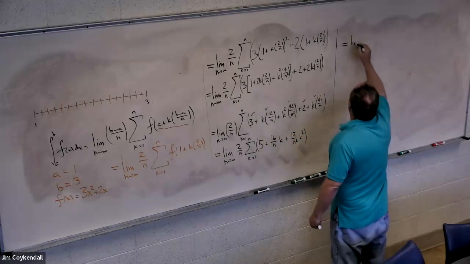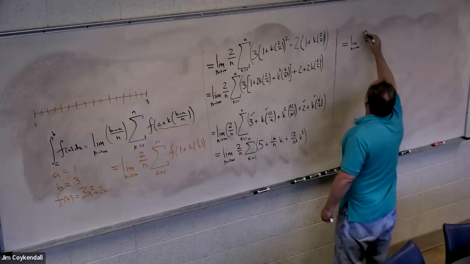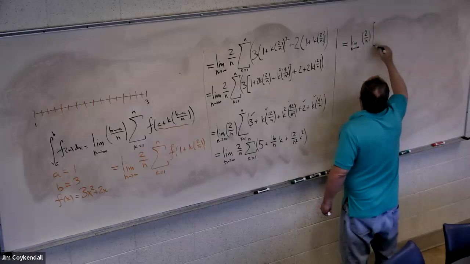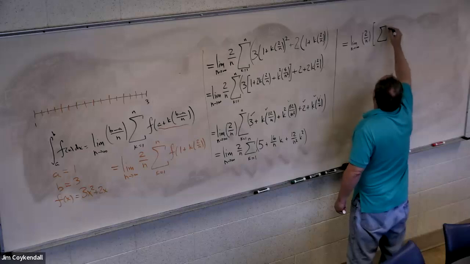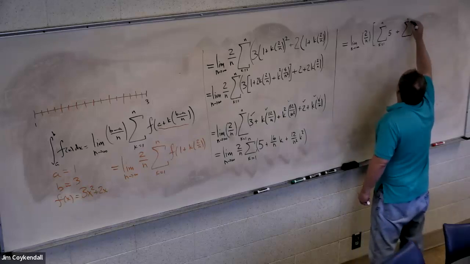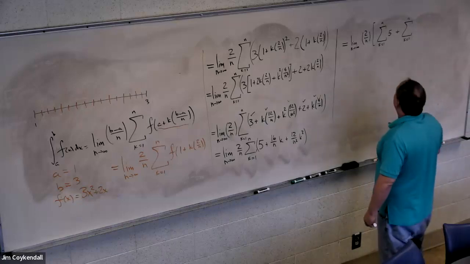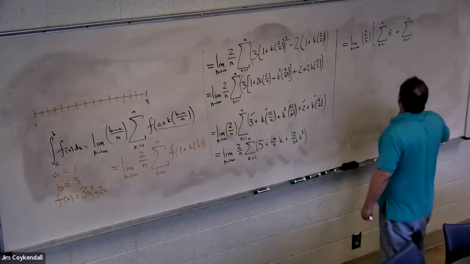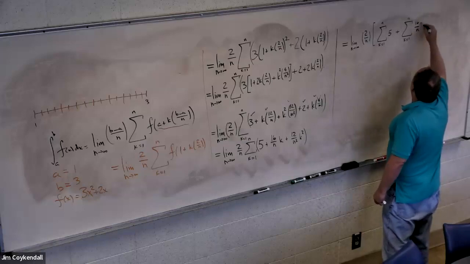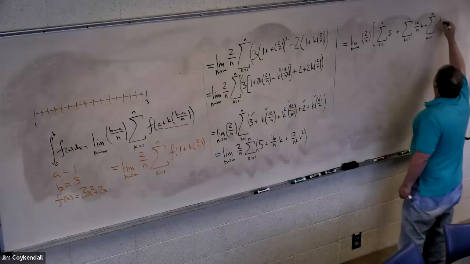This is the limit as n goes to infinity of 2 over n times 5 plus 16k plus 12.